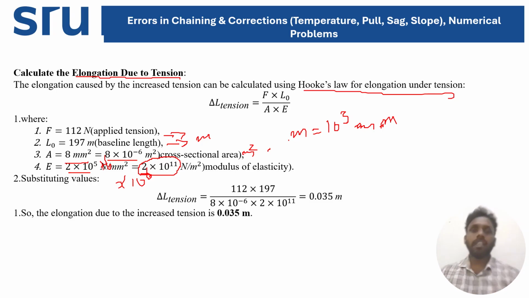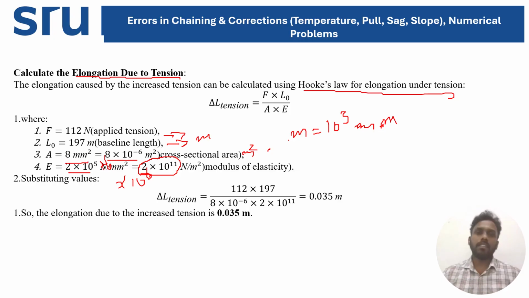When you apply everything in this particular formula, 112 into 197 gives the tension loading, because this is your applied pull, and 197 is the measured distance, which is your actual measured baseline.